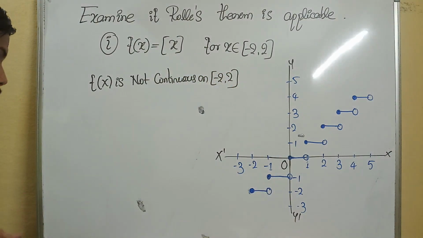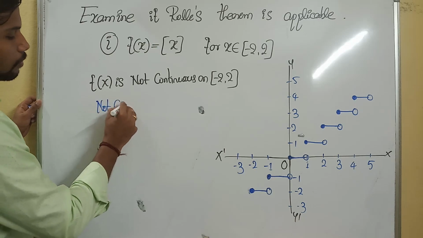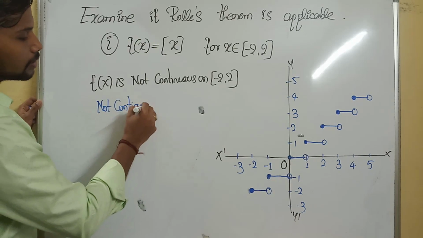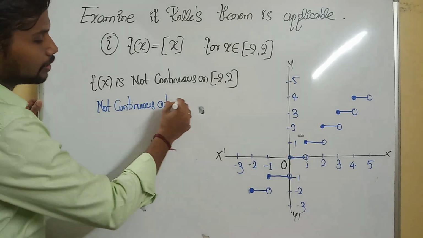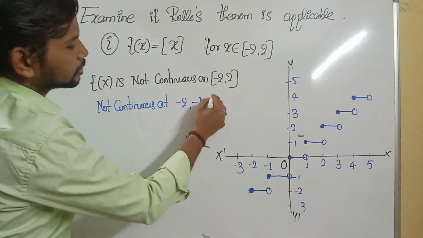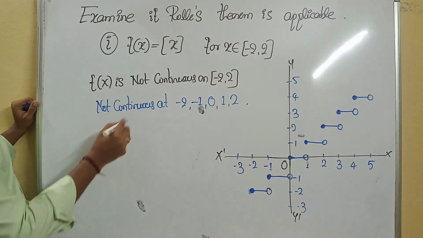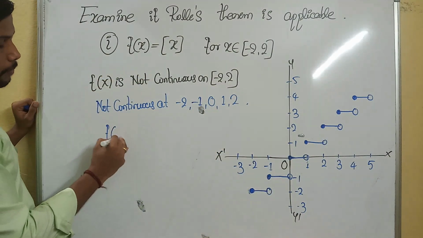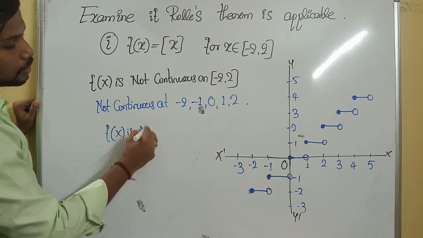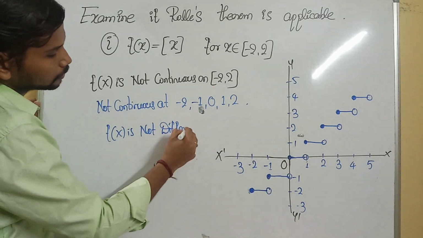Means for what point is it discontinuous? F of x is not continuous at, what are the integers in between minus 2 to plus 2? Minus 2, minus 1, 0, 1, 2. Because of that reason, if it is not continuous, means f of x is not differentiable.